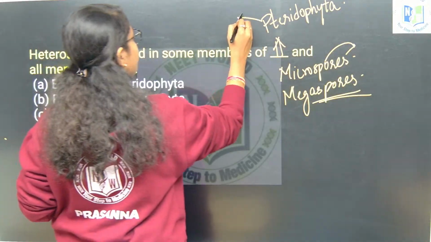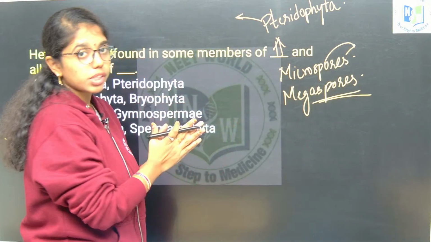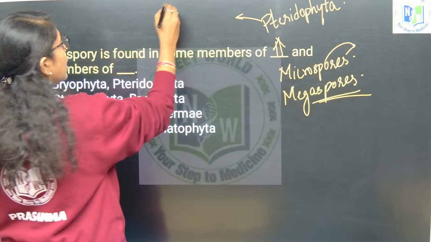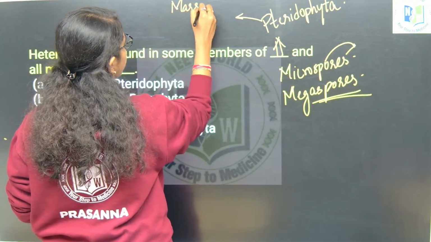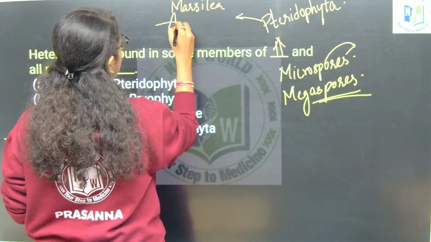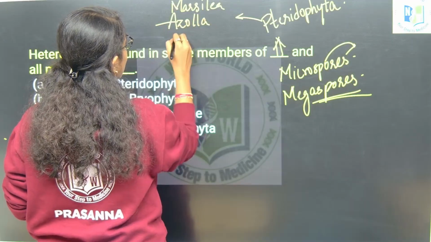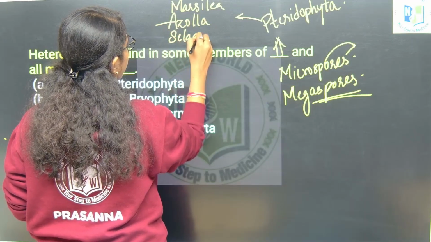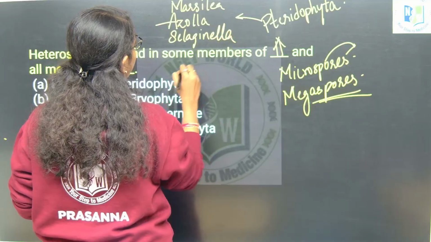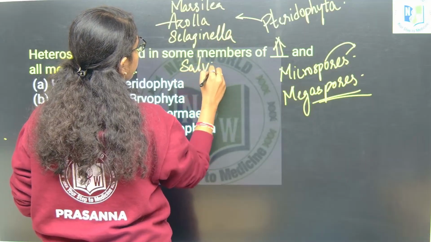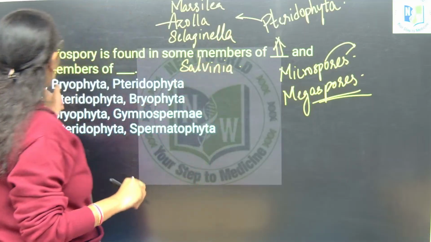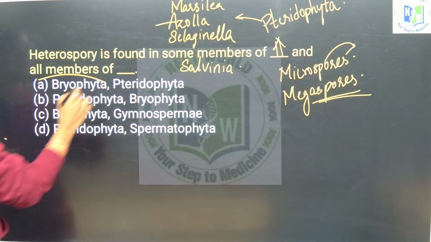The best examples in pteridophytes showing the heterosporous condition include Marsilea, Azolla, Selaginella, Salvinia. And all the members of what? Gymnosperms.